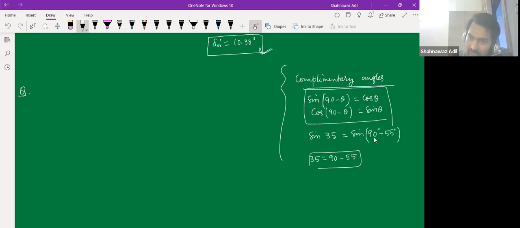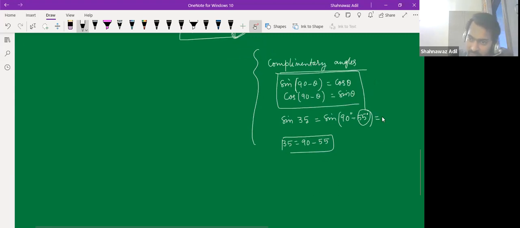So sine of 90 minus theta would be cos theta. What is theta in here? Theta is 55. So sine 35 would be cos 55. Sir, can you explain again?